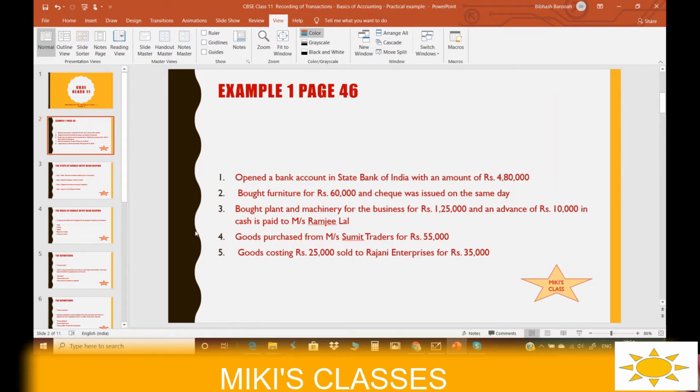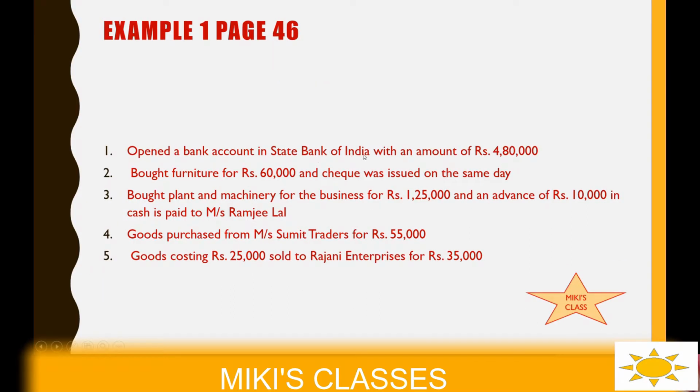In this example, in the first statement, there are two accounts which are involved. As we discussed, one is bank and the other one is cash. Both of these, we have found out, fit the definition of assets. So now we are just left with the last step.